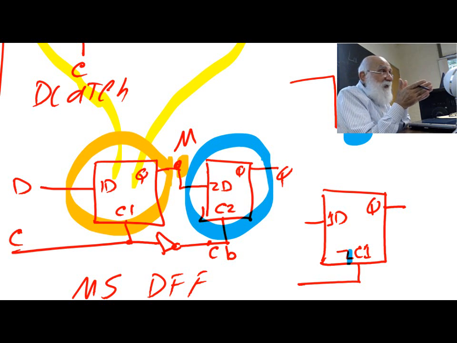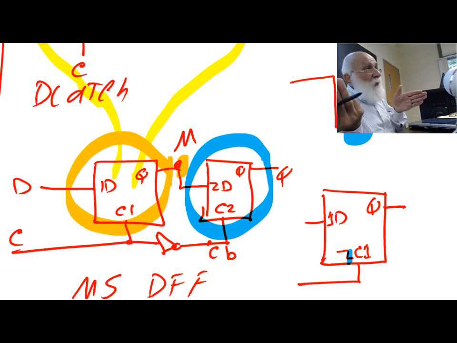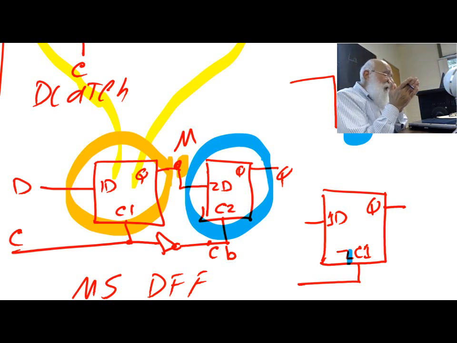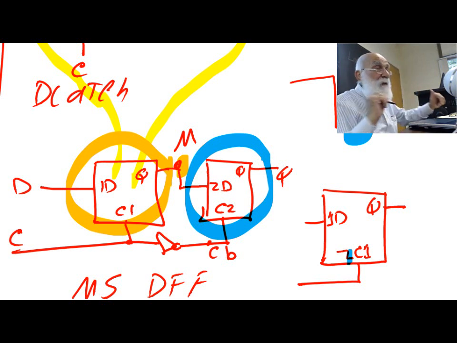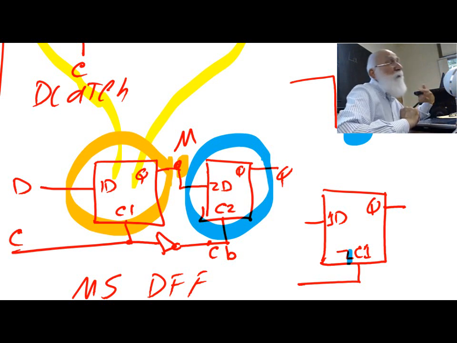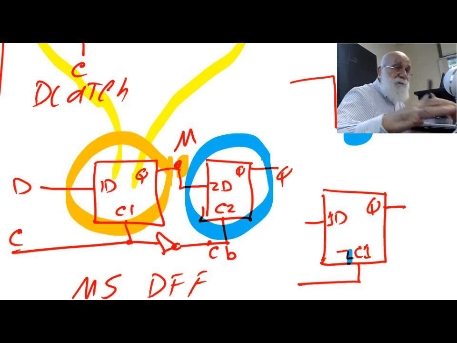I will not be able to pick up M until that propagation is complete. That means I have to allow it some time. But then, once that is there, when the clock goes the opposite, that means the clock becomes 0 now, that again has to propagate through the blue, and therefore there is that delay there. These two delays add, and this puts maximum clock frequency limitations, or a minimum for the clock period.